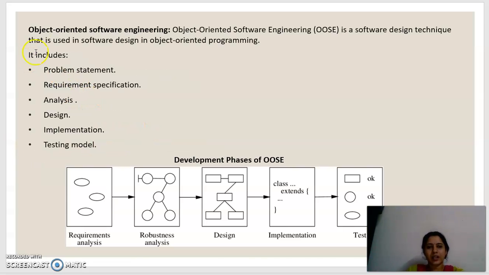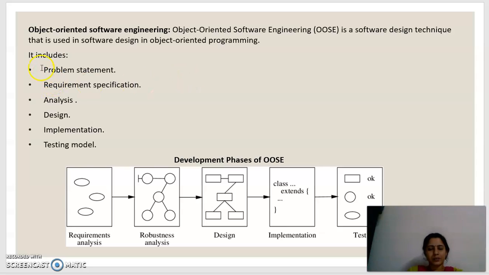First, what does object oriented software engineering mean? Software engineering that is used for object oriented programming applications is called object oriented software engineering. There are a few steps to develop software for any object oriented programming application.